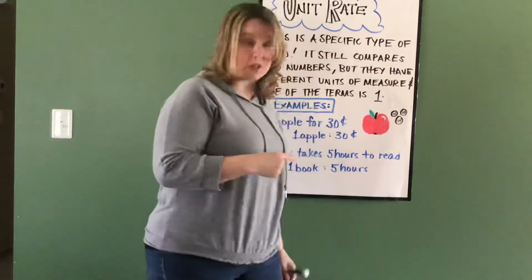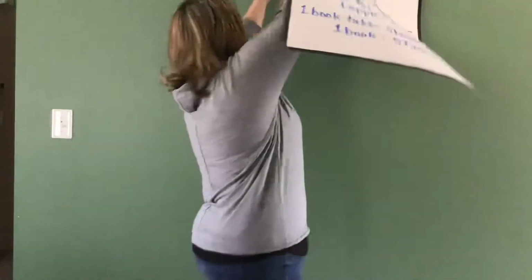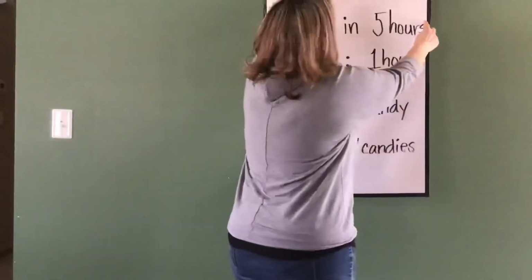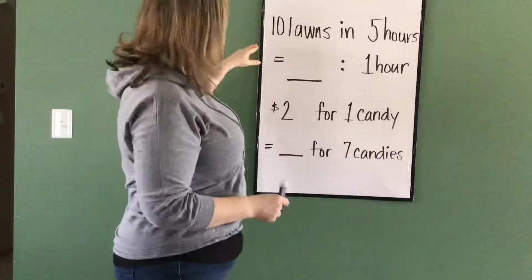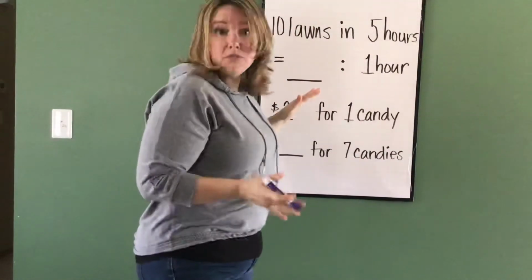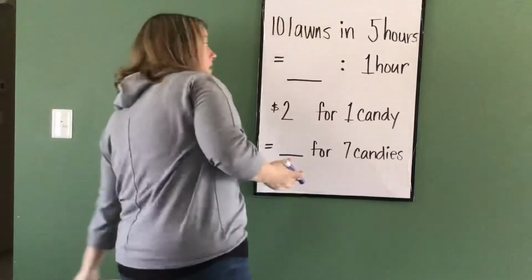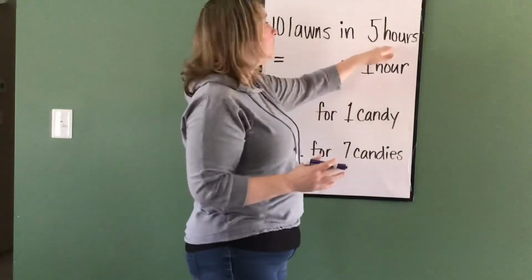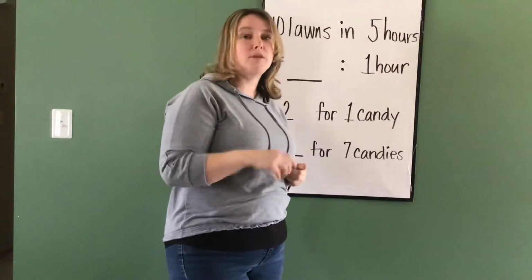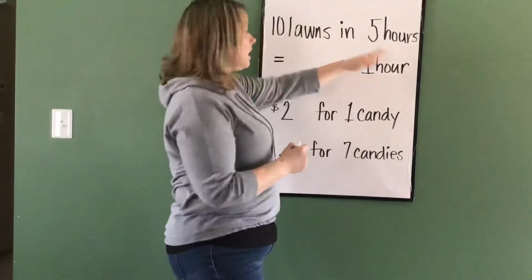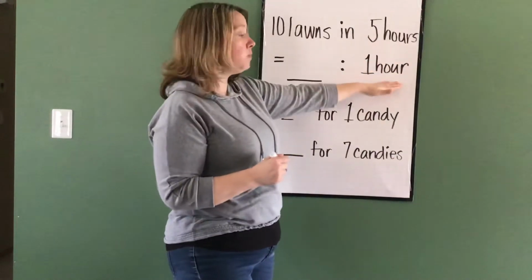So I'm just going to flip over this sheet. In my first example, we have Bob, right? My example is always Bob. And he mowed 10 lawns in 5 hours. But we want a unit rate, so we need to make one of those terms 1. I want to know how many lawns he mowed in 1 hour.